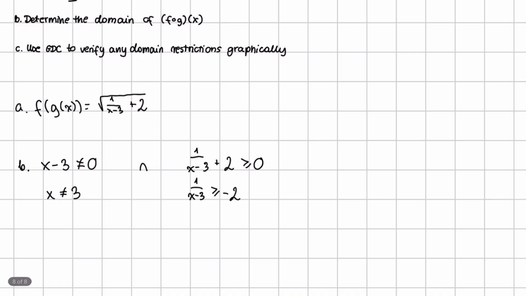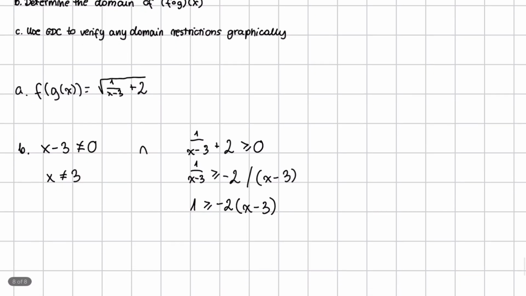Then we have to multiply both sides by our denominator, so by x minus 3. So here we are left with 1 is greater or equal to minus 2, and here we have a bracket with x minus 3. So now we can do multiplication.